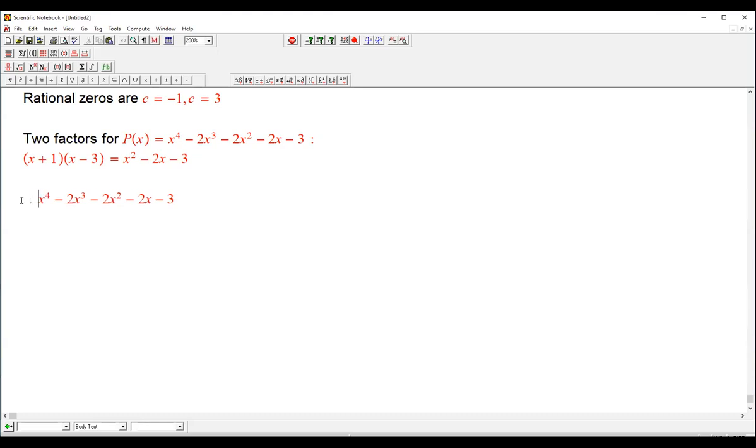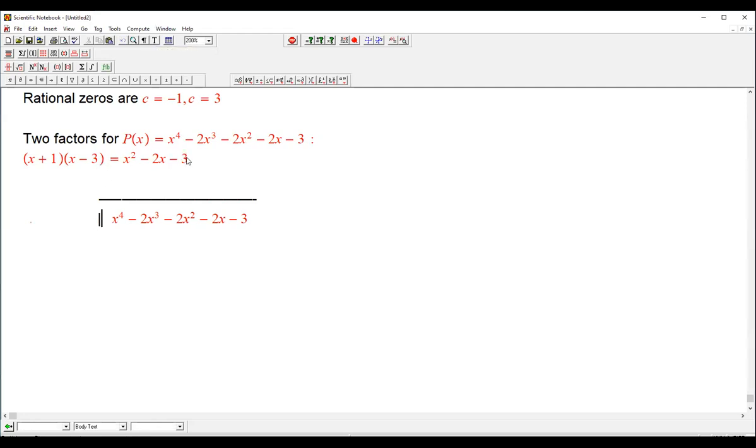Okay, so this is the dividend. And we're going to set up the long division. That's my long division set up, and my divisor. I'm going to use a dark color.